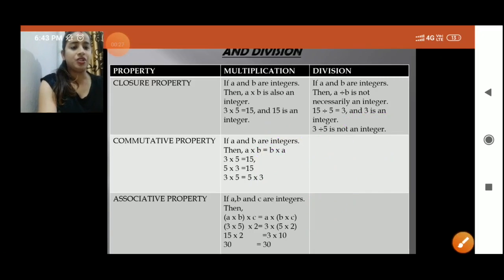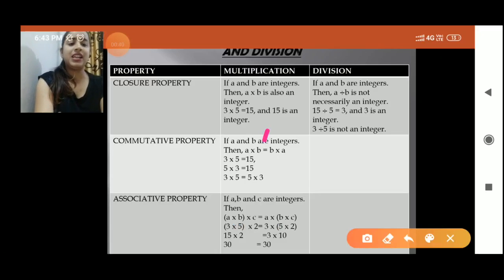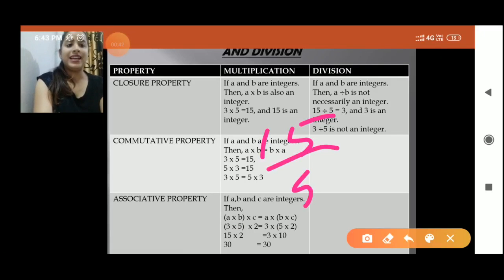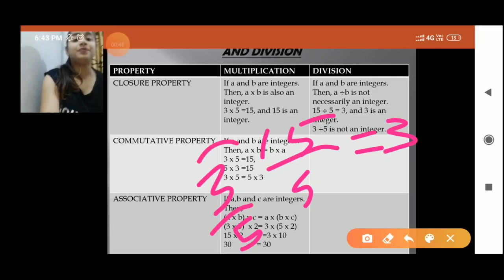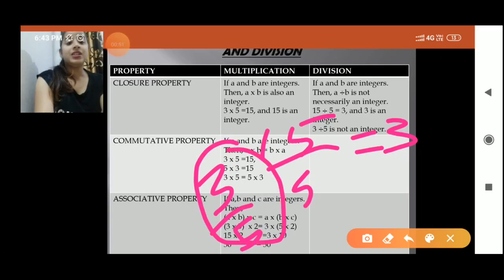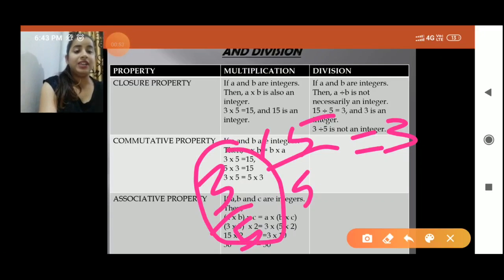Now for division, if a and b are integers, then a divided by b is not necessarily an integer. For example, if we divide 15 by 5, we will get 3. But 3 divided by 5 is not an integer. It will give us a fraction or a decimal number.